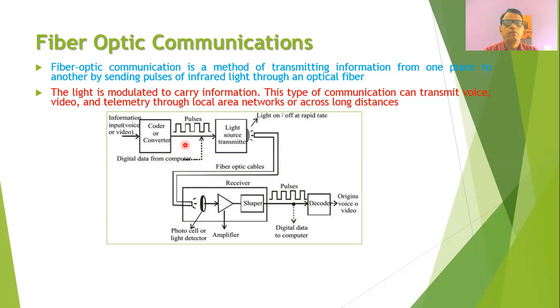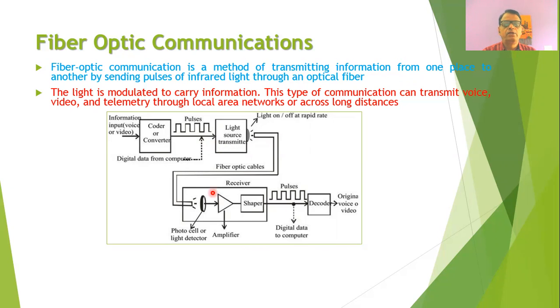Then the output of the converter is connected to a light source transmitter. According to these pulses, the light will be either on or off. Such a light signal is connected to the optical fiber cable, through which it is transmitted over a long distance.